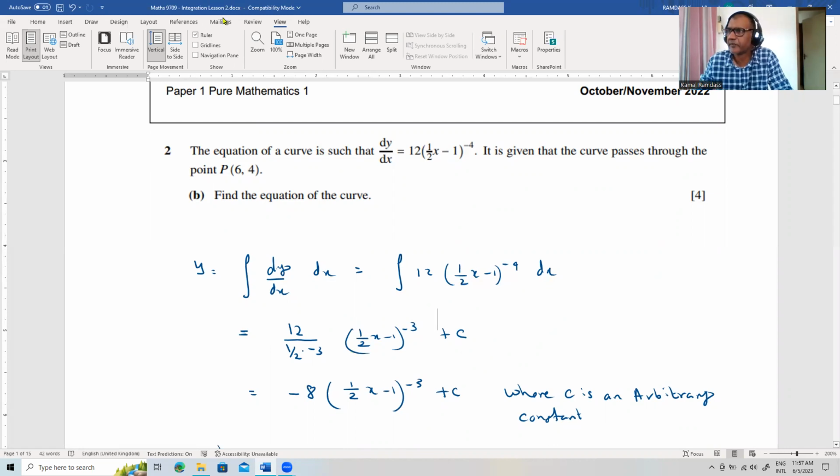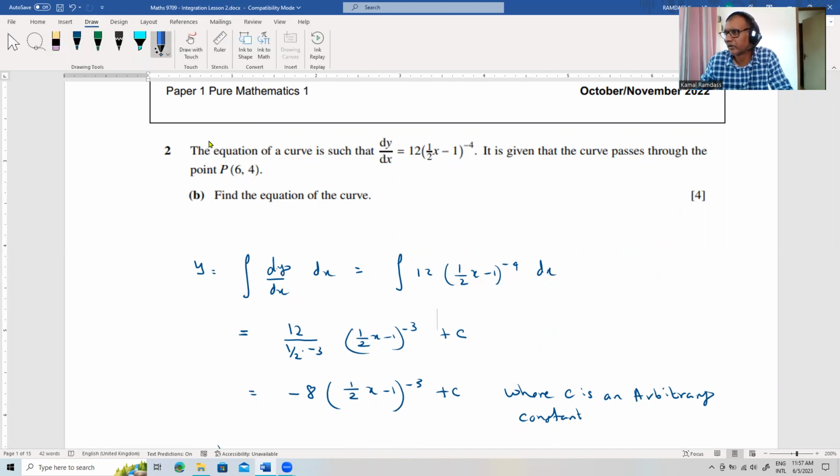Bon, première affaire, nous increase sa power by 1, minus 4 plus 1 means minus 3, we divide by the new power, minus 3, we divide by the derivative of the inside function, half, ça veut dire 12 divided by half times minus 3, multiplied by half x minus 1 to the power of minus 3 plus c, where c is an arbitrary constant. Et ça, pour simplifier, il faut retirer 8 fois half x minus 1 to the power of minus 3 plus c.